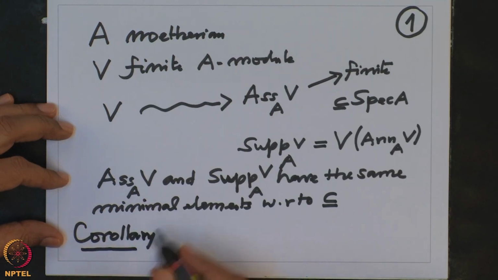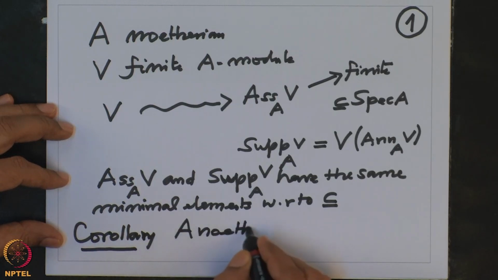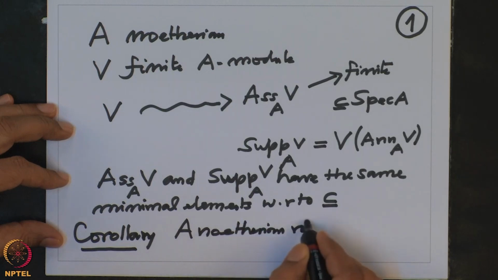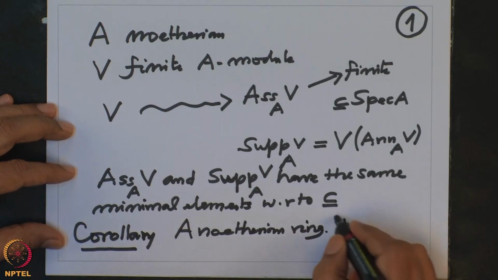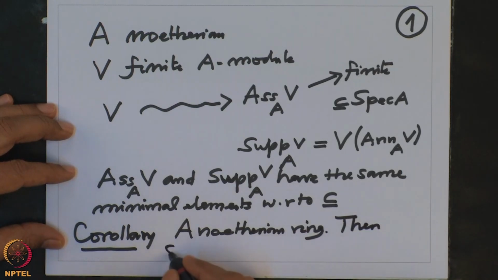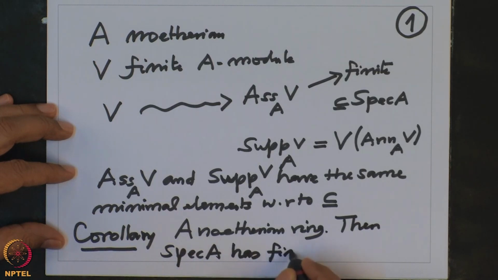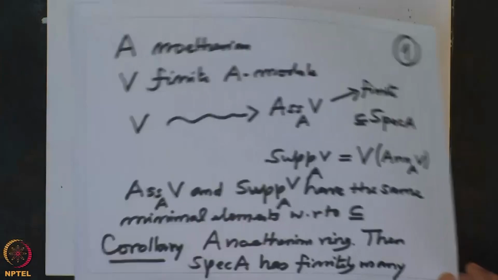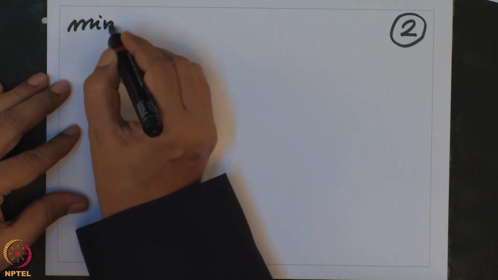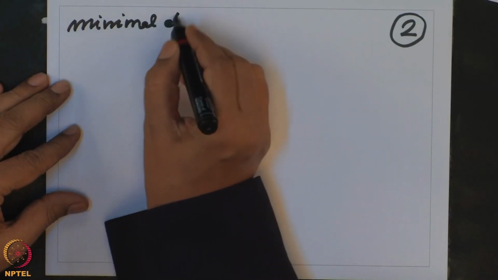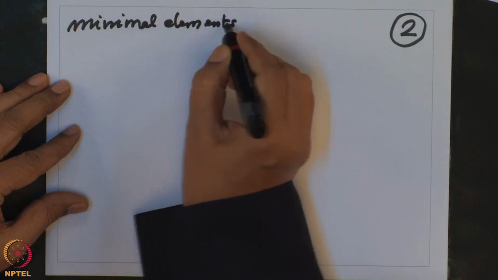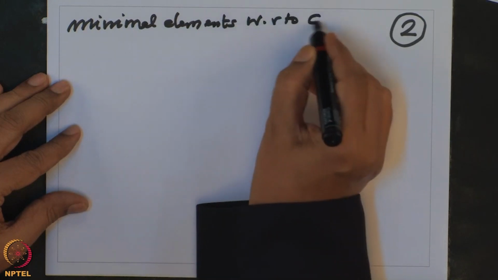This is applied to the ring. So if A is a Noetherian ring, then Spec of A has finitely many minimal elements with respect to the natural inclusion.